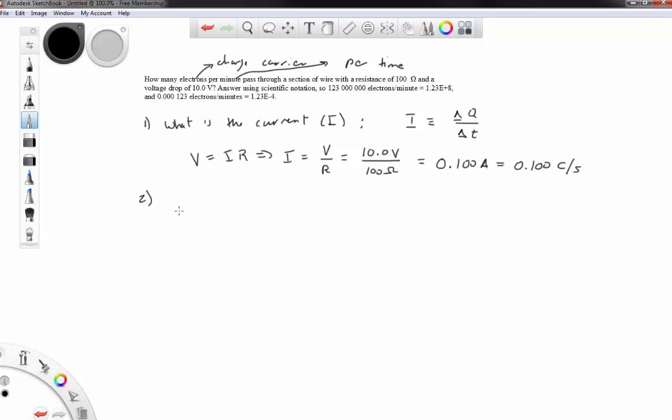So let's convert this current to electrons per minute. All right, well, 0.1 coulomb per second, we need to know how many electrons are in 1 coulomb.